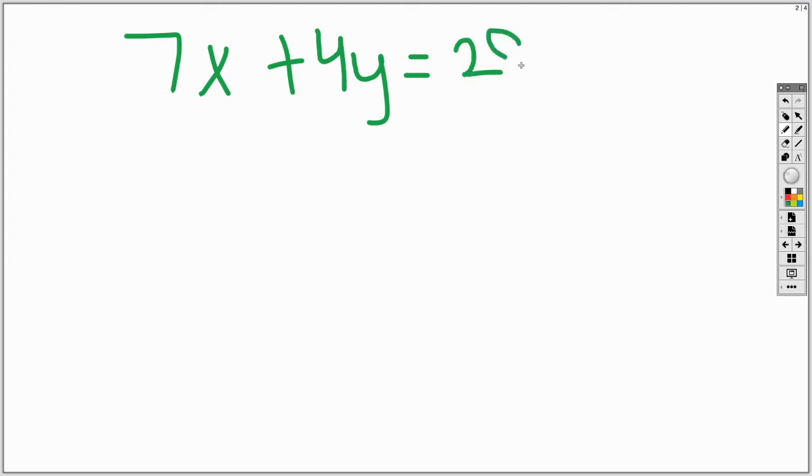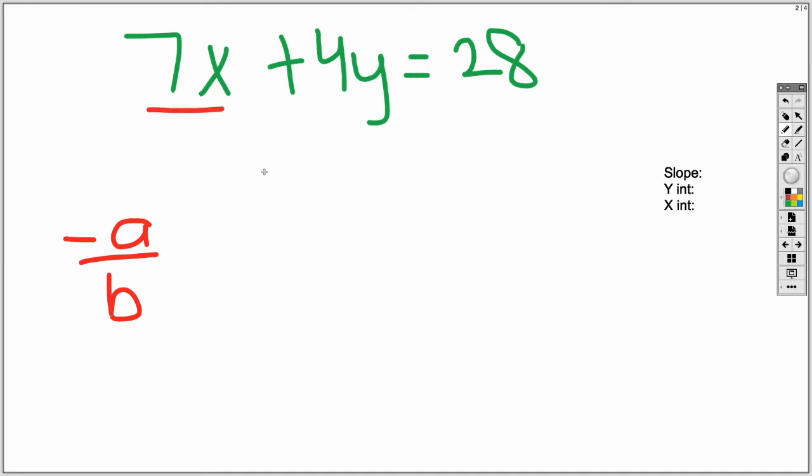Let's do 7x plus 4y equals 28. Then we have our slope, y-int, and our x-int. Okay, so basically the slope is negative a over b.